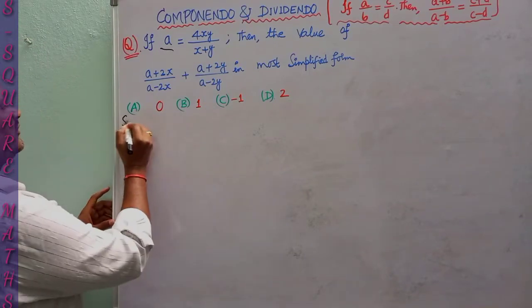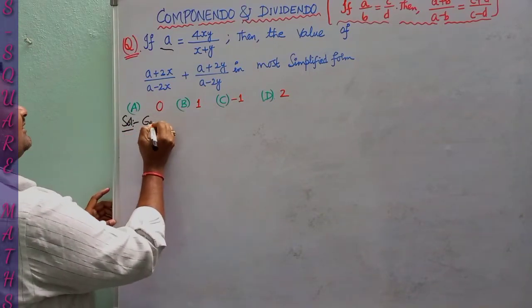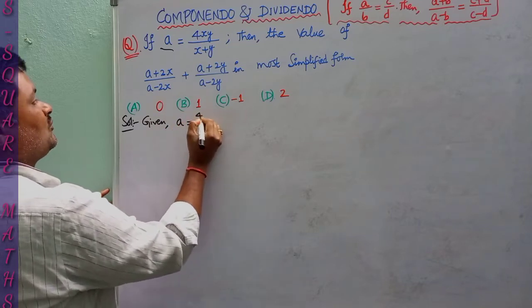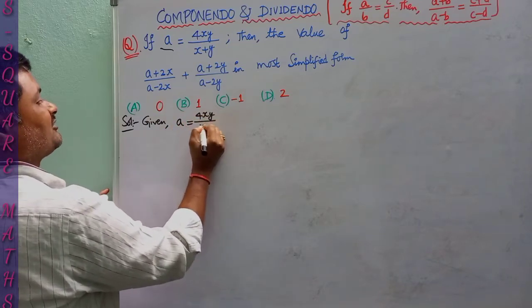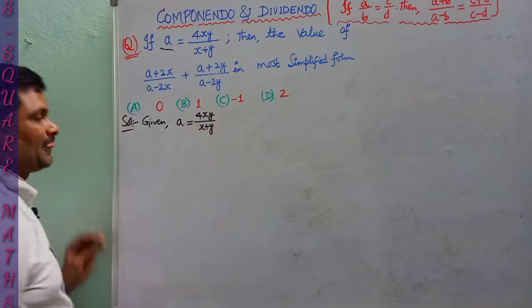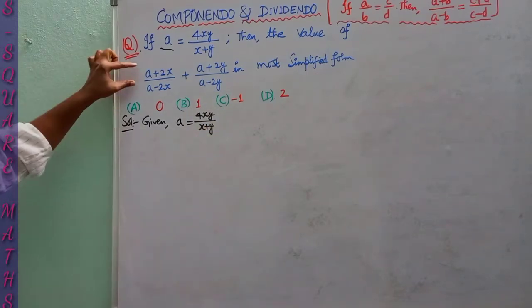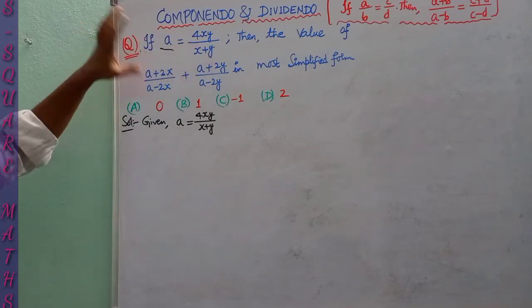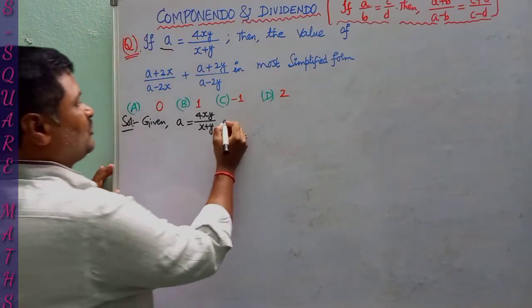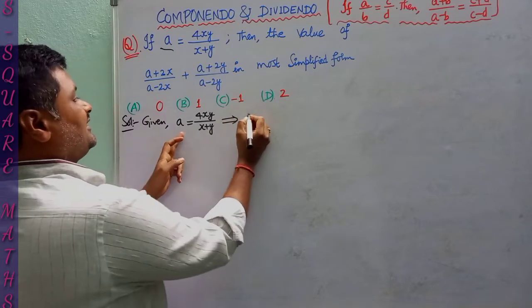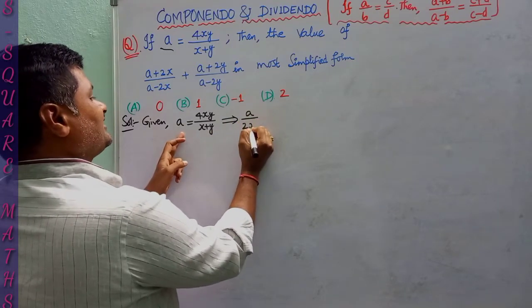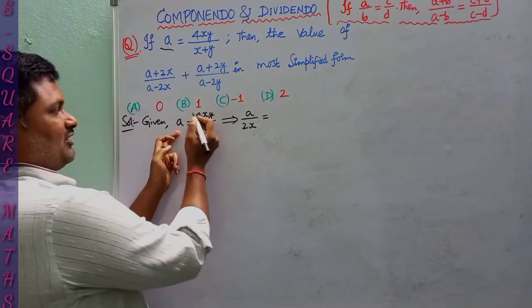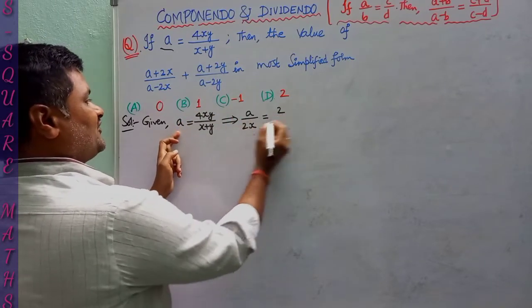So now the solution. What is given? a is equal to 4xy by x plus y. Since you have a and 2x, a and 2y with respect to plus and minus, I am going to consider this: a by 2x is equal to, 2 has been shifted to this side, one more 2 will remain, and x also shifted.